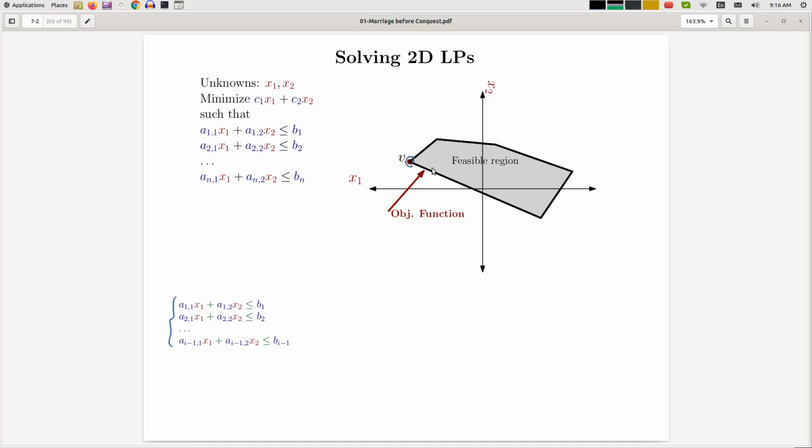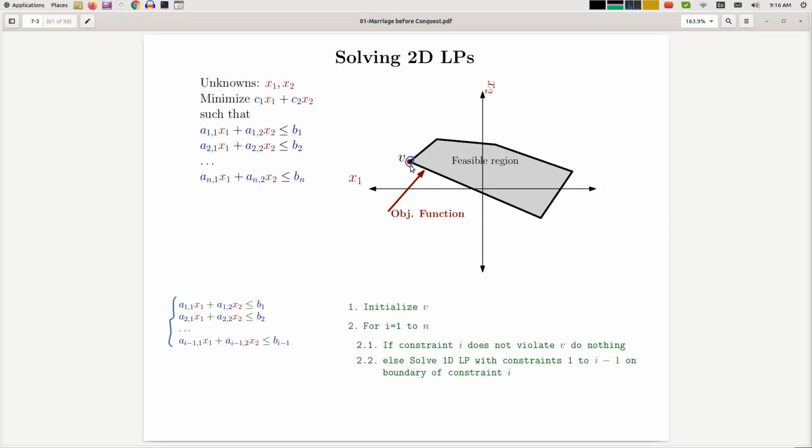I don't know the shape of this feasible region, because computing the entire feasible region is essentially equivalent to a convex hull algorithm, so it needs n log n time. Therefore, I cannot compute the entire feasible region. I can only know about this vertex if I'm hoping to get a linear time algorithm. But anyway, I have this point v in my algorithm. That's my assumption. So now let's add the constraint i plus 1. And if you're curious, the algorithm is actually very simple, but I'm going to explain what it means.